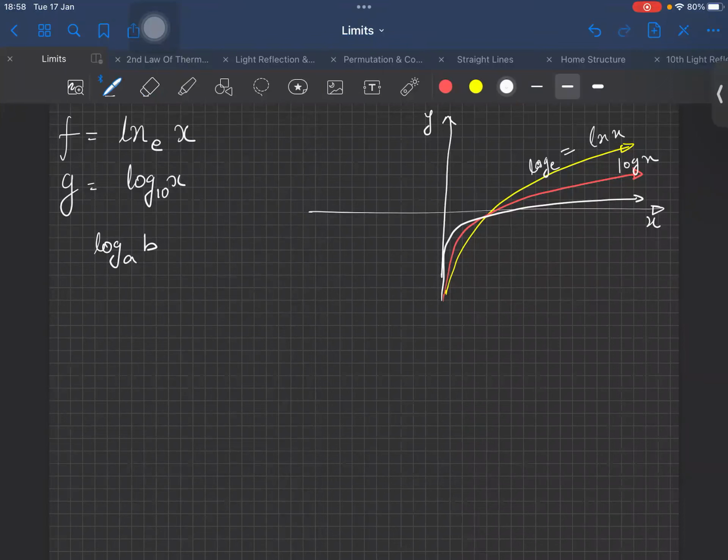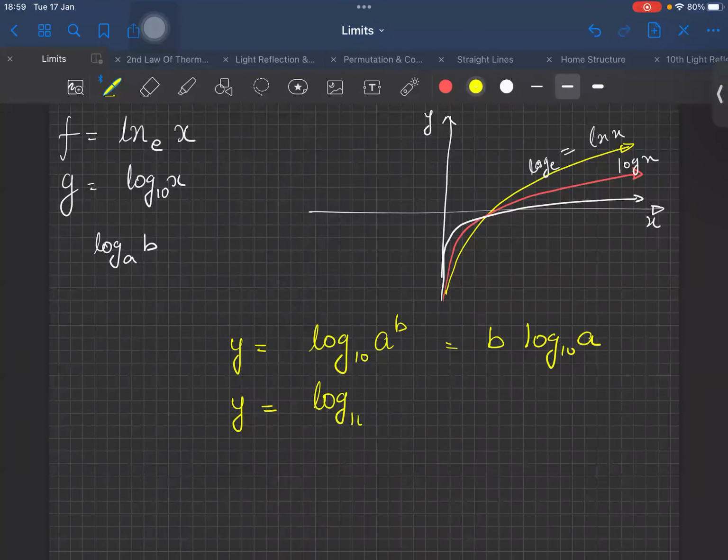Now there are certain properties of logarithmic functions, like if y is equal to log of a to the power of b, you can write this as b log a, whatever the base is, it doesn't matter. So the base here is 10, here also the base will be 10.